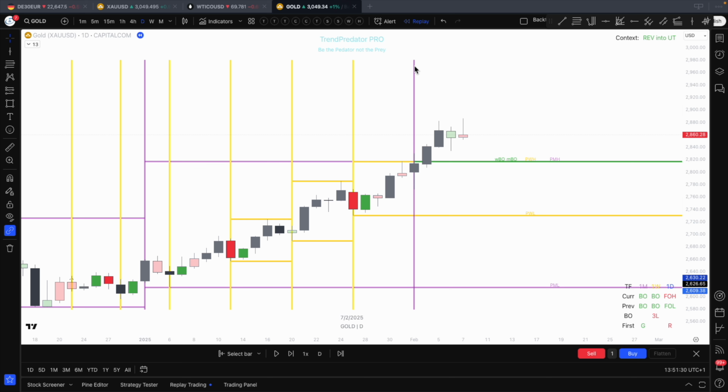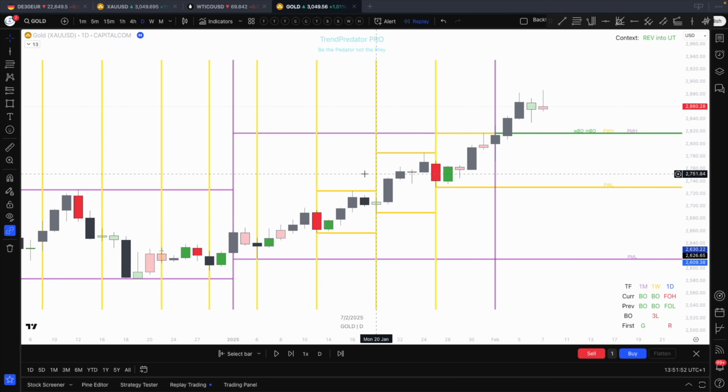Then you have a monthly and a weekly separator here, and I have the weekly high-low, monthly high-lows on, and the bias here, the breach levels of the week and month, and the high-low of month and week. And then you see here immediately how you can judge the different weeks very nicely.